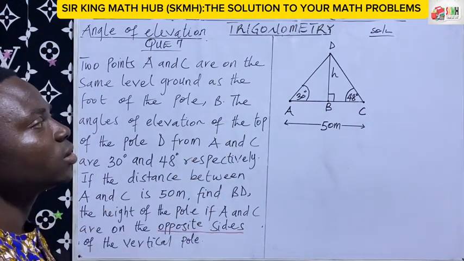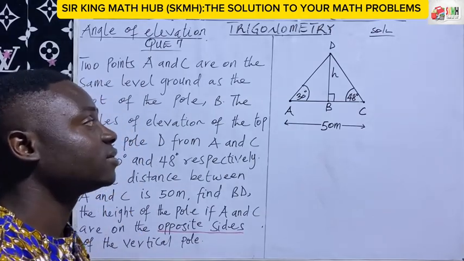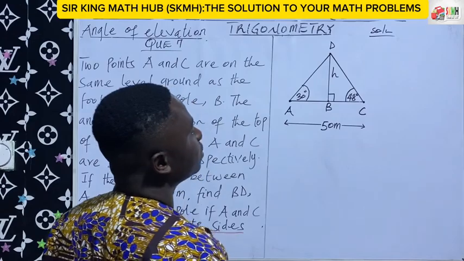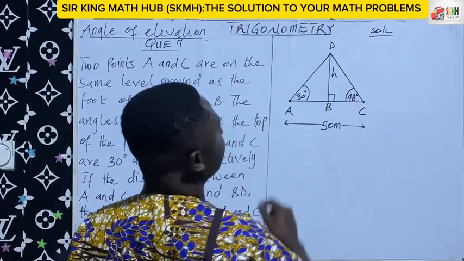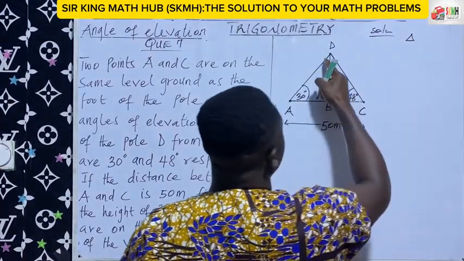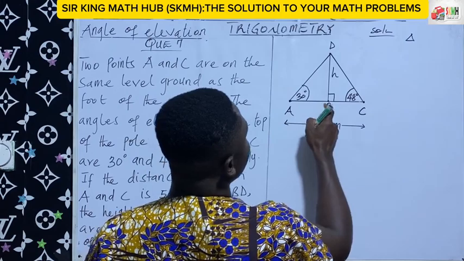Now, when you take a closer look at the diagram, you can see that we have two right angle triangles. This is the first right angle triangle and the second right angle triangle. So let's label them. The first right angle triangle, I'm labeling it as triangle ABD.